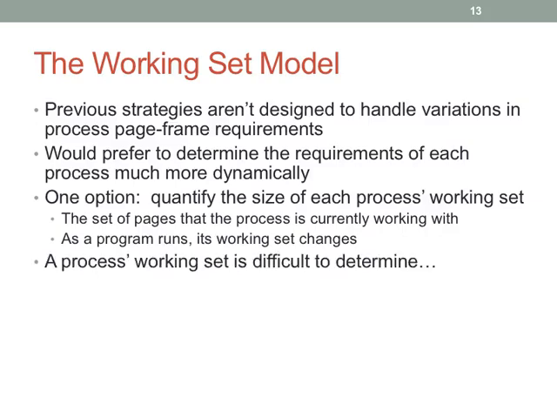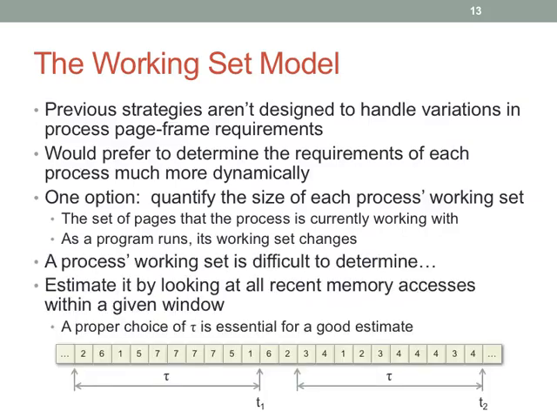Okay? So, WS clock, right? We look at the current time and go back a certain distance in time, which again we're calling tau. And if we can look at the number of pages accessed within this window, then we can use that as a guess to what is the working set size. And then we can use that to guide page frame allocation to processes.